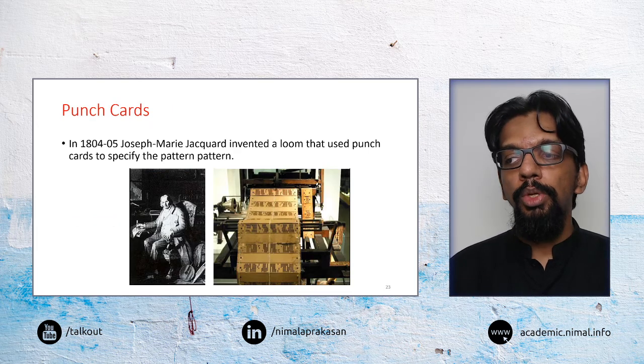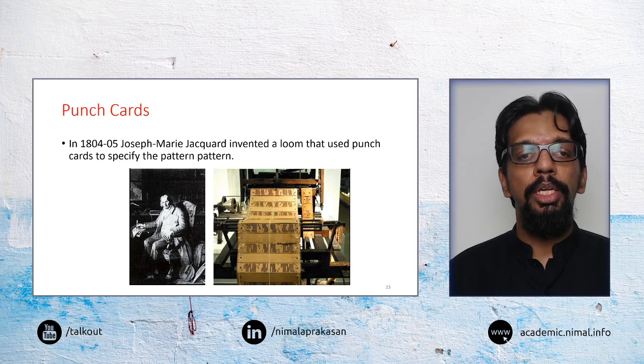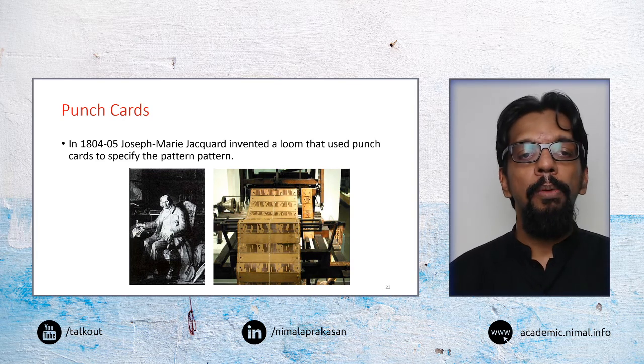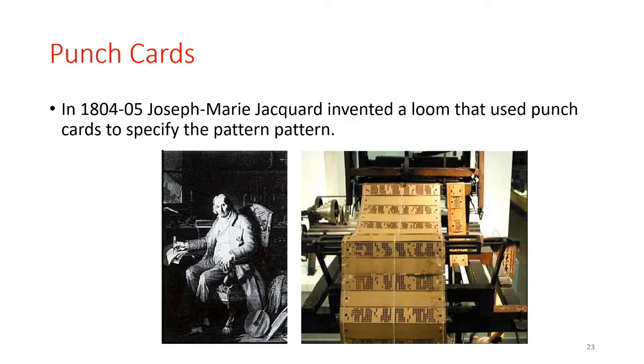Then the actual form of a computing device we can think of started from what are called the punch card systems that were initially used in looms, also making clothing materials.